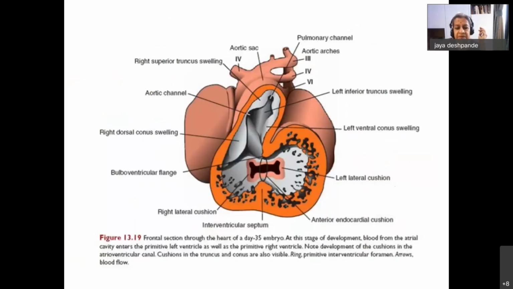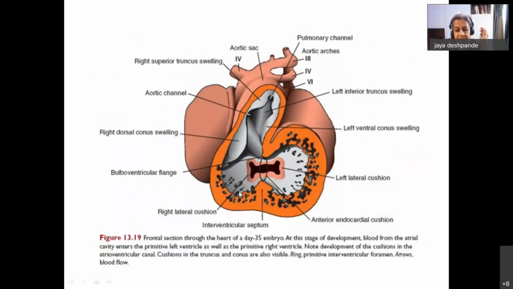So here you have a further advanced picture of the ventricles. Here is the muscular interventricular septum. This is the primitive left ventricle, primitive right ventricle. These are the bulbar cushions, and then you have the truncal cushions.